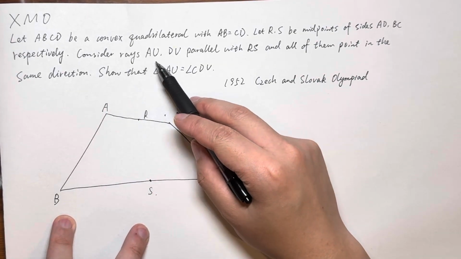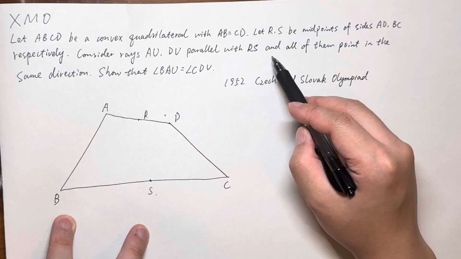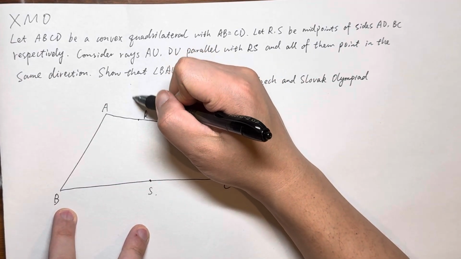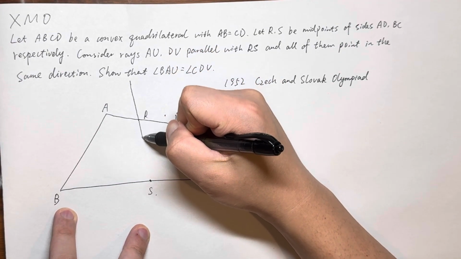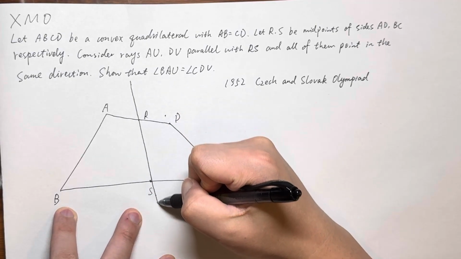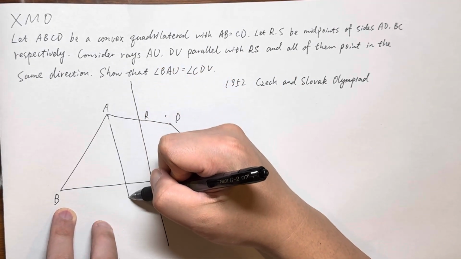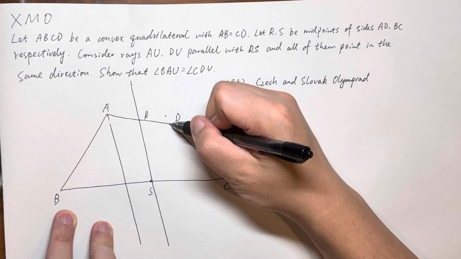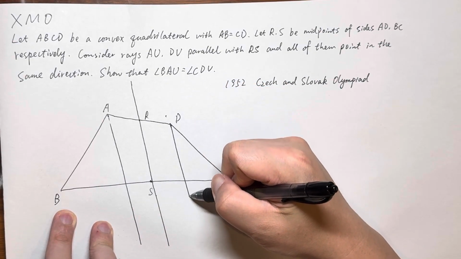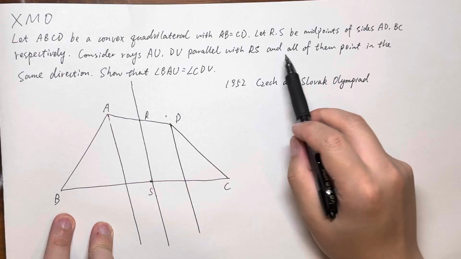Consider rays AU and DV parallel with RS. So we connect RS, and we find the parallel line to RS. Right?